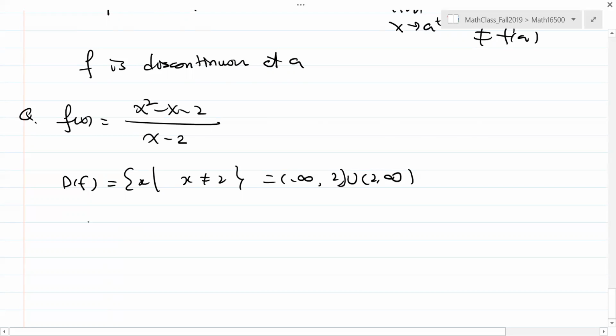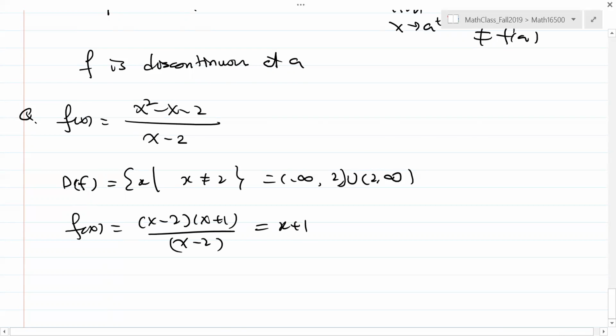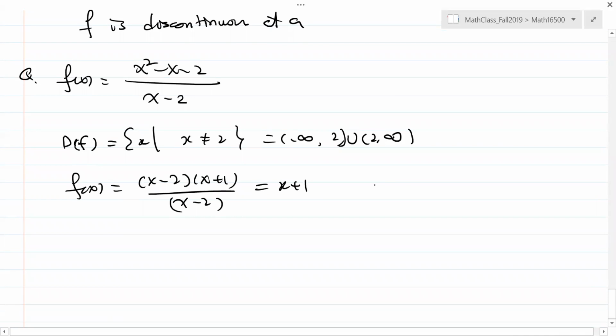So if we simplify it, it is going to be (x minus 2)(x plus 1) over (x minus 2). After you simplify, it's just x plus 1, and that is true for x not equal to 2. So you can talk about the limit as x approaches 2 from either side, because x approaches 2 means x not equal to 2, but x getting close to 2.